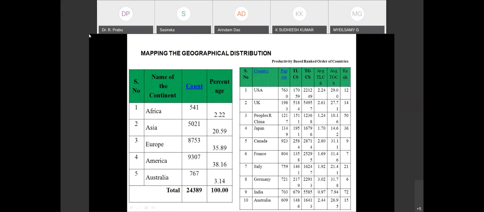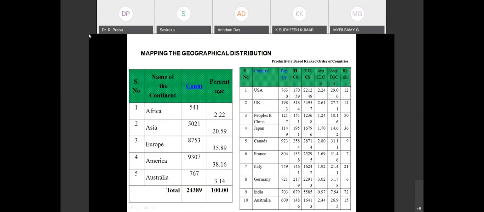When you look at the geographical locations, we took 24,389 records over the 32 years. I mean, this is the total productivity we found through the databases. Africa has produced only 541 publications. The Asian continent has 5,021 only. Who has produced more? If you look at it, the American continent has published widely.